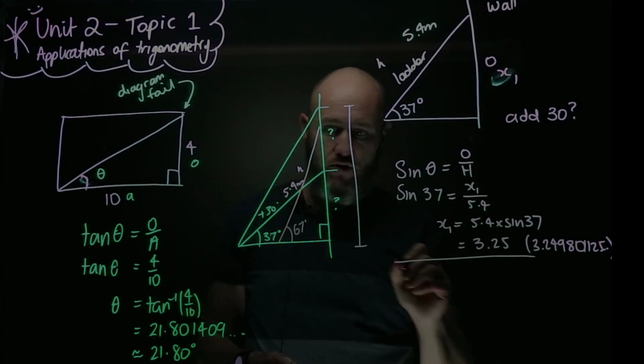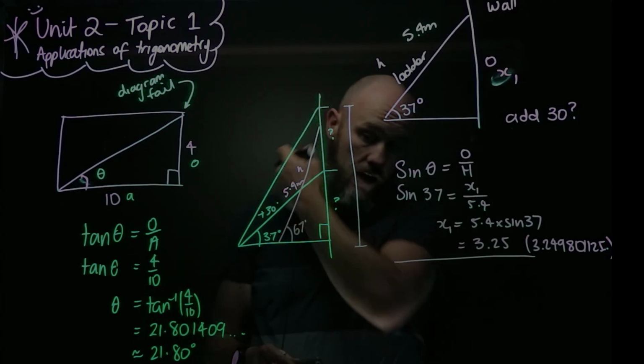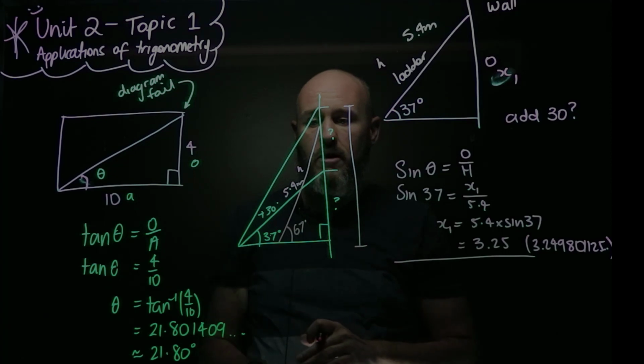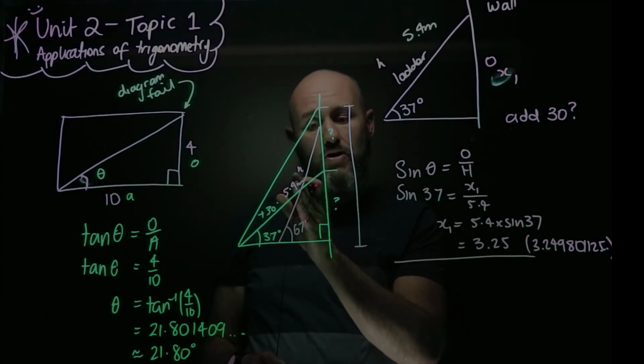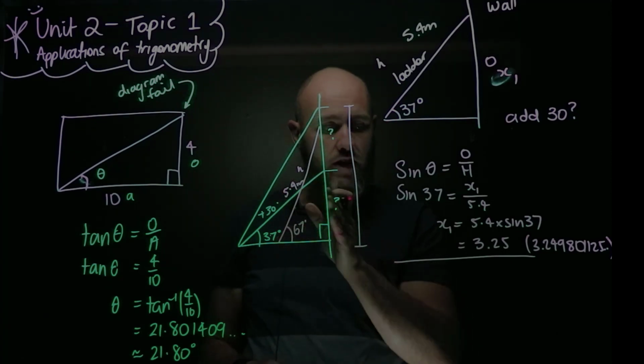So I'm still dealing with a sine ratio, because I've got my hypotenuse and I've got my angle. I just don't have my height.